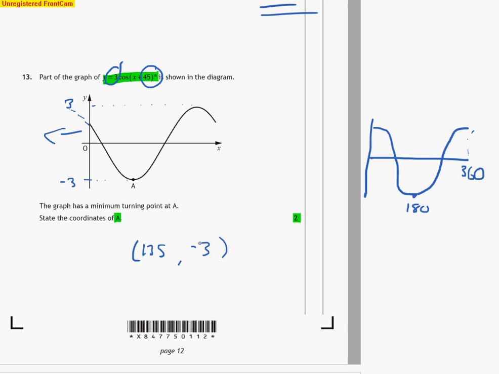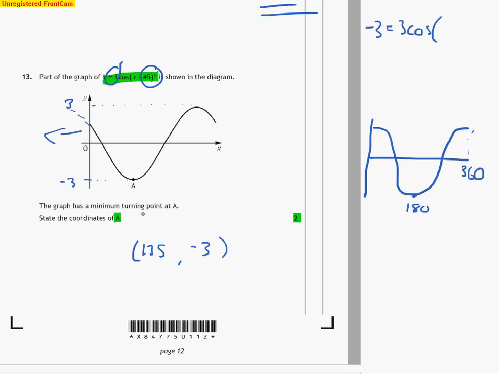Okay, and again, if you wanted to check, if you were guessing and you weren't sure if it was plus or minus, okay, first of all, I think it looks sensible, okay, because you can see physically it's moved over that way, okay. But also, let's just work it out, okay. So if we substitute these numbers back into our equation, so y is going to be minus 3. So at the point we're looking at, we're saying minus 3 is equal to 3 cos of what?